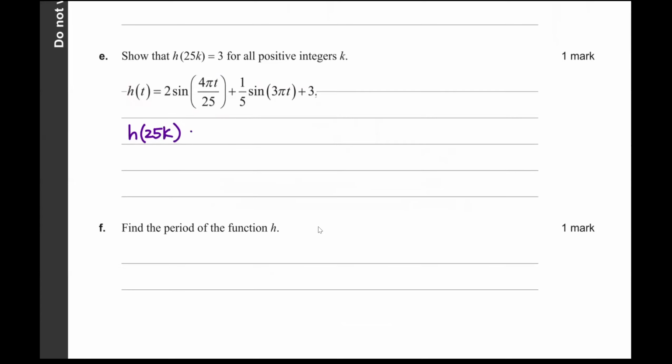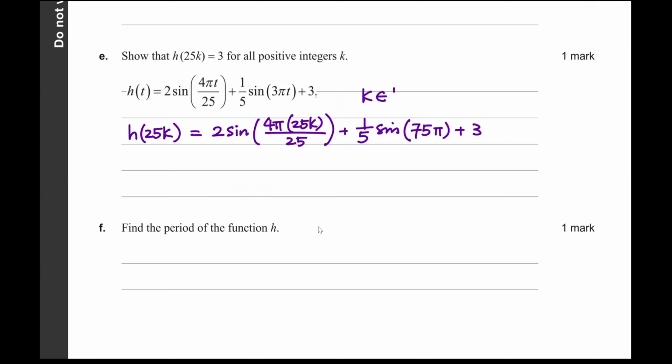This is a show-that equation. So you get 2 sine 4 pi 25K divided by 25 plus 1/5 sine of 75 pi add 3. Notice that K belongs to Z plus. So you can see any integer multiple of pi, when you sub into sine, that is 0.